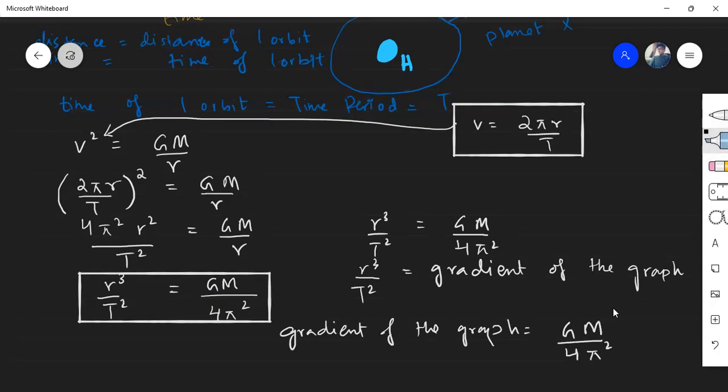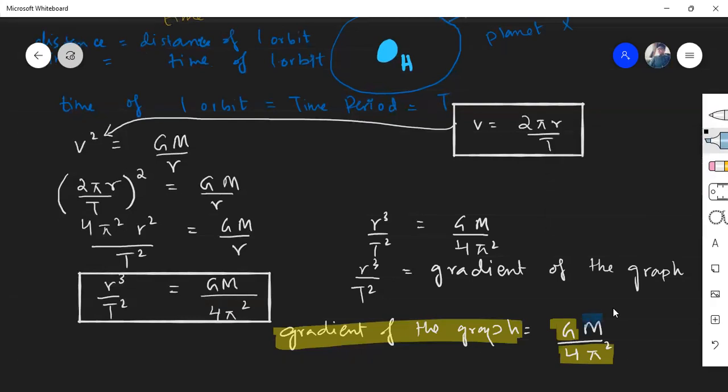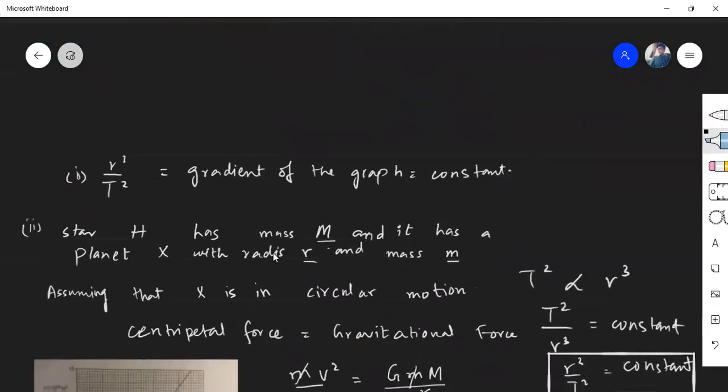Now, look at what we found. G is a constant, we know the value of G. 4 pi squared is also a constant. We can find the gradient since we have the graph. We just use the formula of the gradient, find this result, and then plug all these values back into this equation to find the value of M, which I have already defined as the mass of the star.